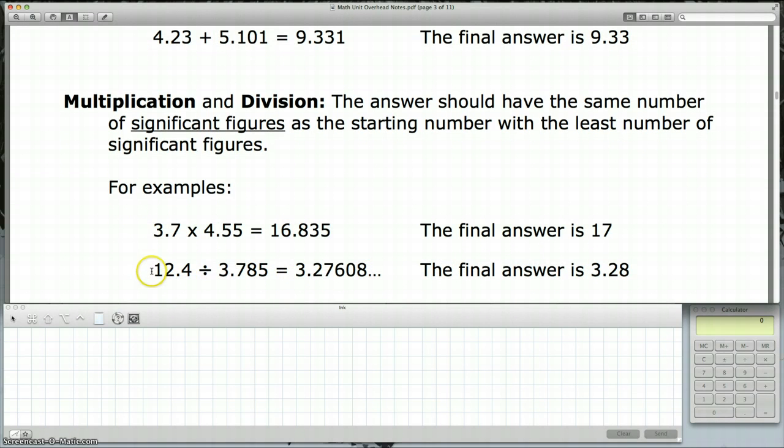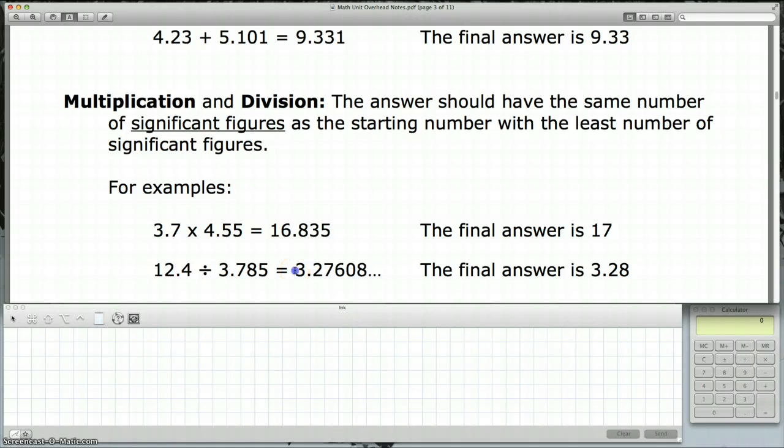Next example. If you look, we have 3 sig figs here. We have 4 sig figs here. This is our calculator answer, which goes on and on and on. And I have to figure out where to cut it off. Well, here I have 3 sig figs and 4 sig figs. Got to choose the smaller number of sig figs, so 3.